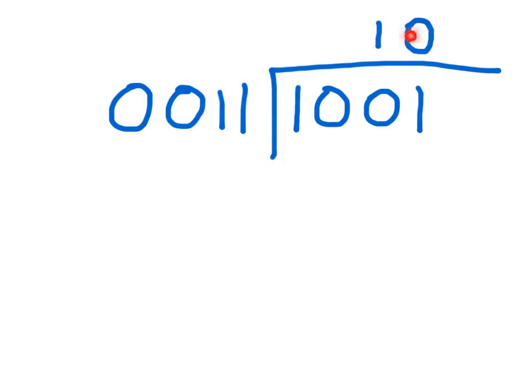Remember that anything multiplied times 2 is basically that number with a 0 at the end, so the number in here would be 0, 1, 1, 0, which is this number with a 0 after it, because that's multiplying this number times 2, and we know that that is not the case. We know that this number is 9, not 6, so we know that the answer is not 2.